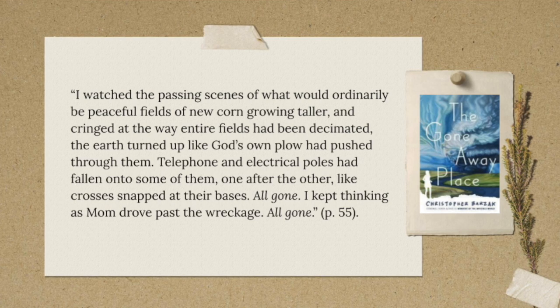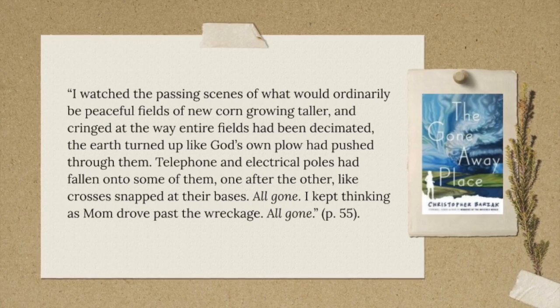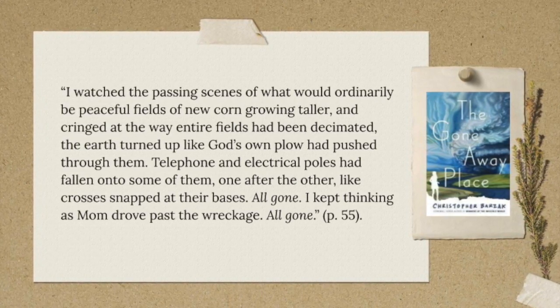The first one is, there are frequent mentions of the rural landscape and the ways it was marred and altered by the tornadoes. For example, on page 55, Ellie says, "I watched the passing scenes of what would ordinarily be peaceful fields of new corn growing taller and cringed at the way entire fields had been decimated.